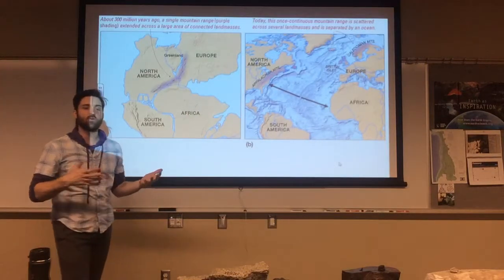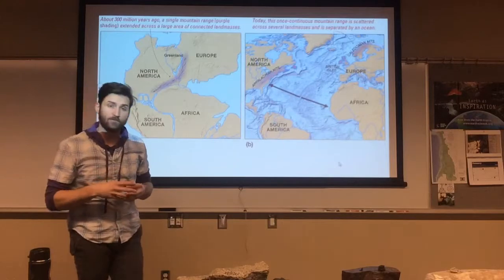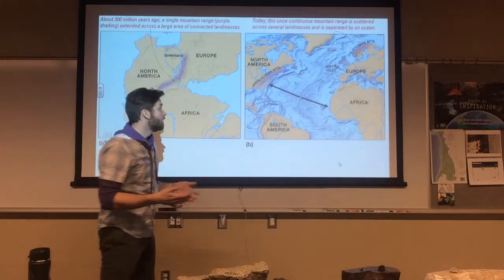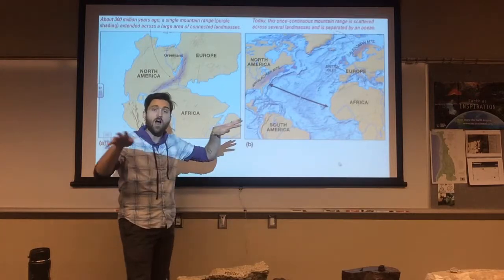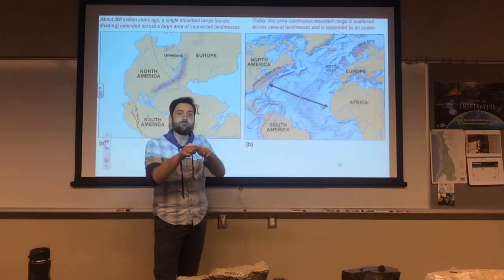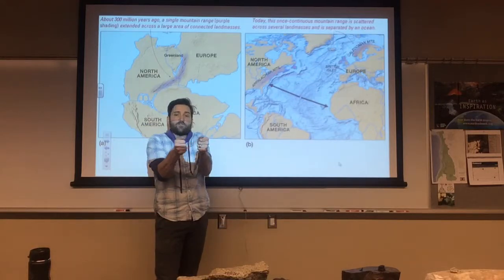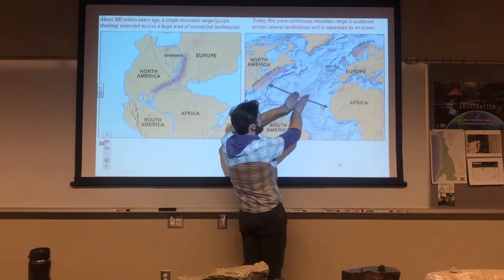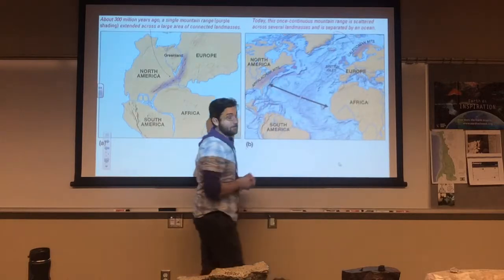Now, this image was shown back when we were talking about Alfred Wegener and the continental drift hypothesis. And remember, the continents aren't drifting across the basaltic rocks at all, but instead, the oceans are rifting and opening up from the middle and separating like this, okay?